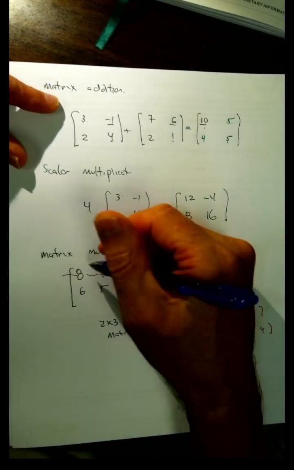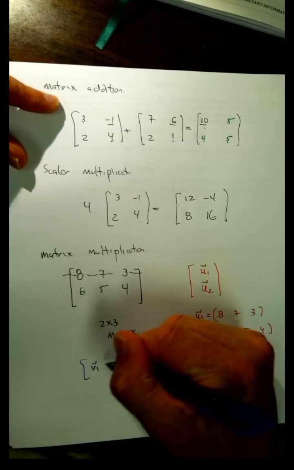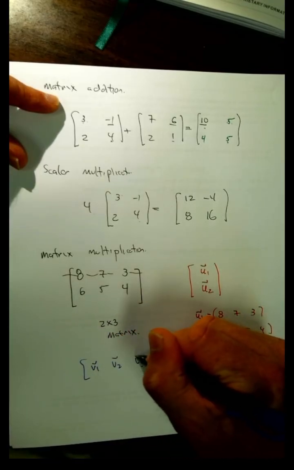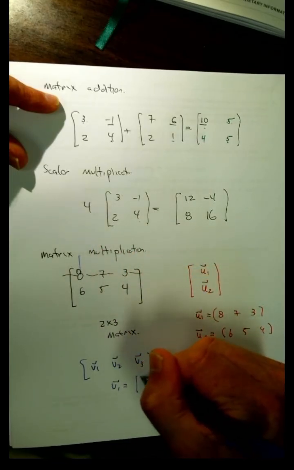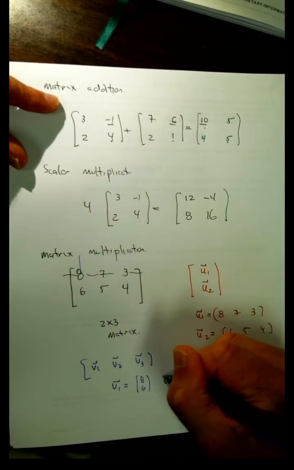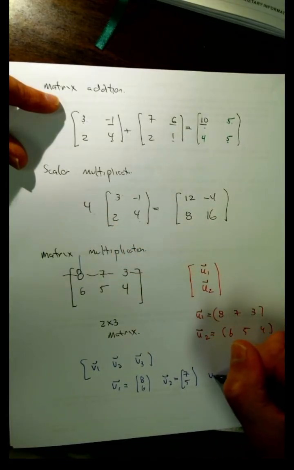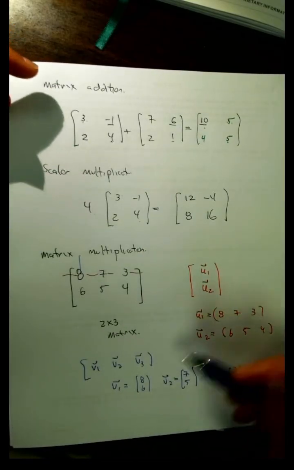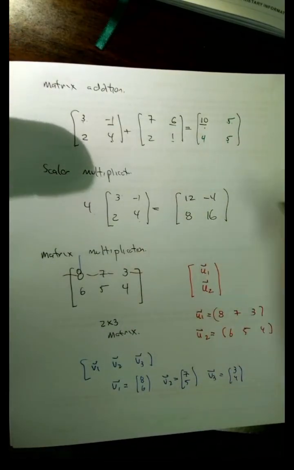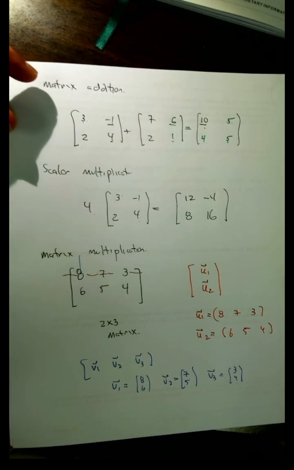We also have to be able to look at this in terms of column vectors. So we could think of this as V1, V2, V3, where V1 is the first column, V2 is the second column, and V3 is the third column. And we have to be able to go back and forth and think about this in these different representations. Okay. Now, in terms of notation, I've got to be very careful.